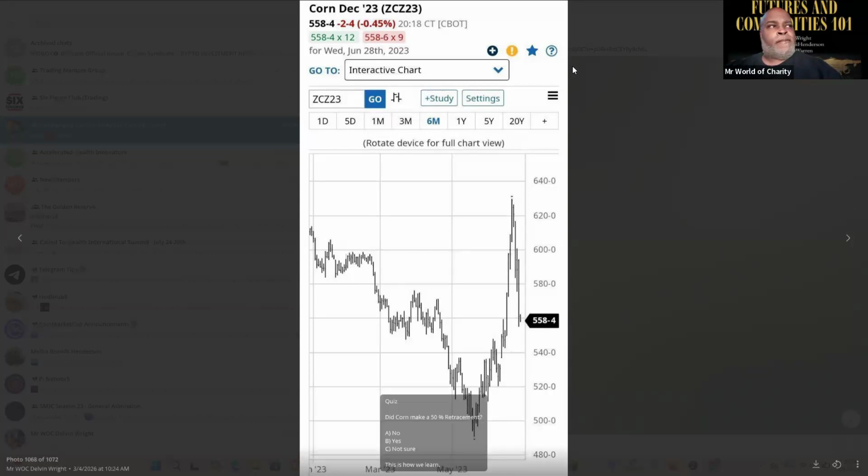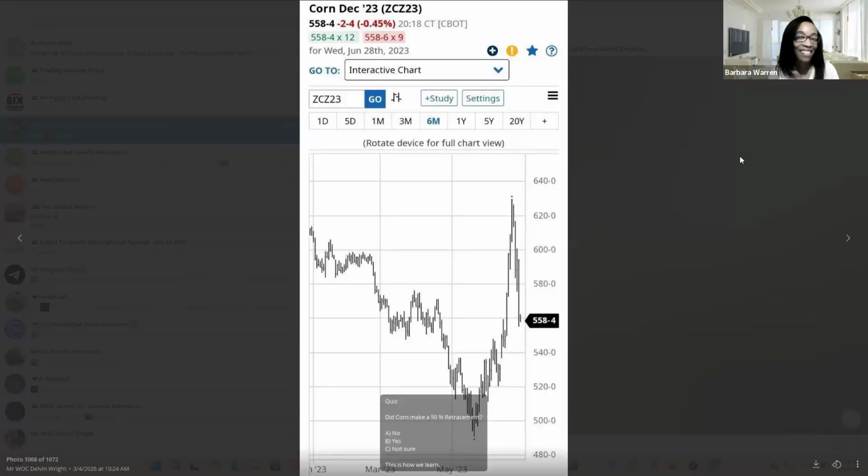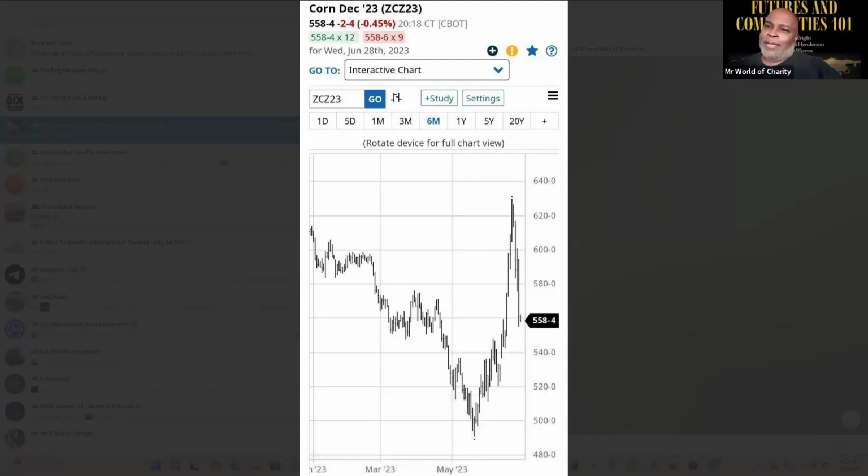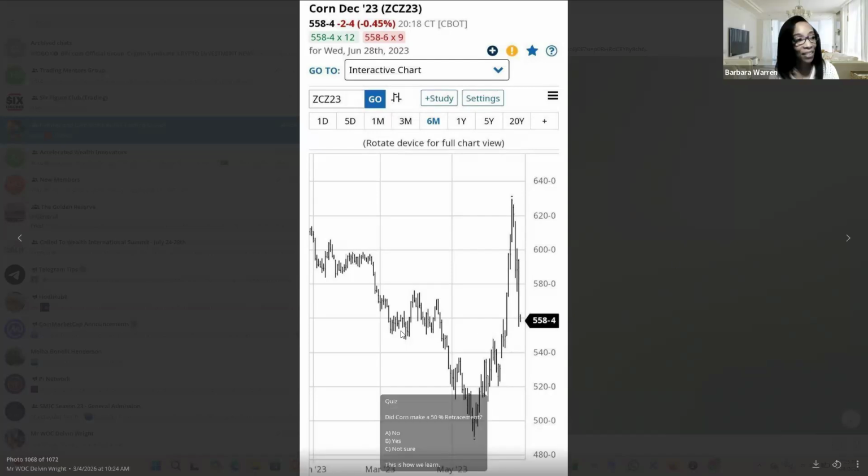Better yet, is there anybody that's not sure? All right, well, looks like they all agree with Pam, Steve, and Alice. Yeah, it looks like it did make its 50% retracement. It's spot on right there at the 50%. Yes, it is.